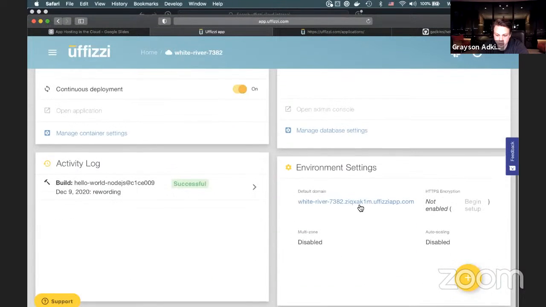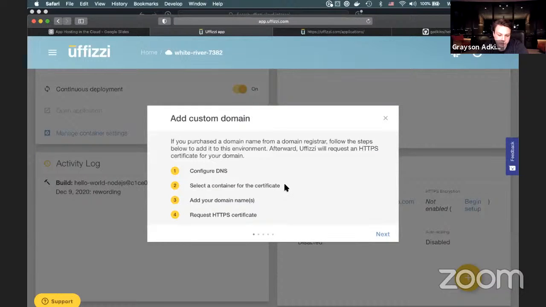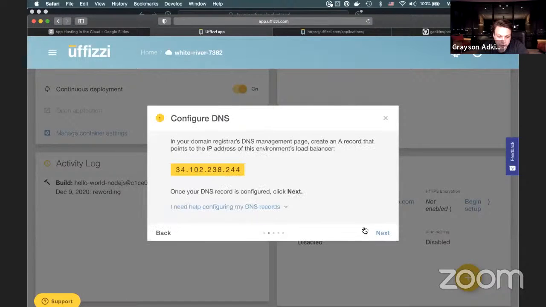The other thing I'll show real quick is in our environment settings, we can set up our HTTPS. It's a guided setup process. So you can add a custom domain if you have one already, myawesomeapp.com or whatever. I can go through here. I can take this IP address and plug it into my domain registrar.